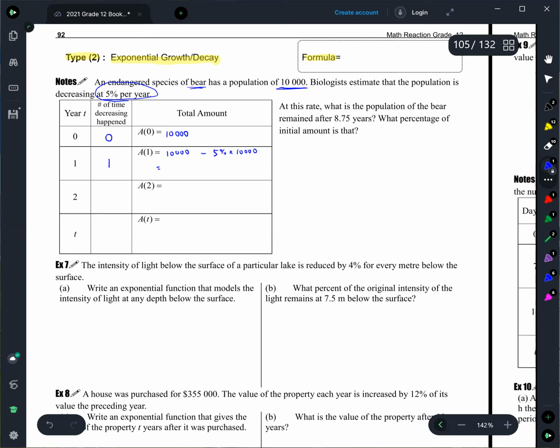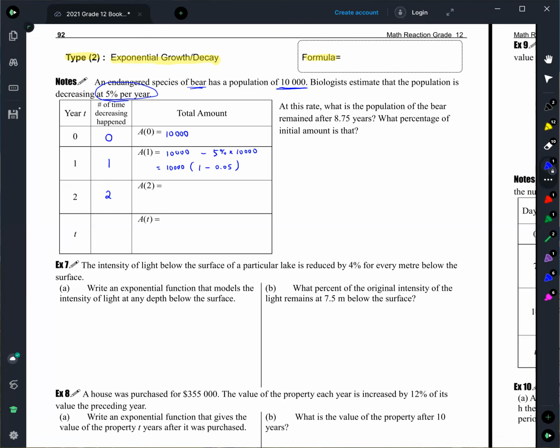Now, if we factor out the 10,000, it'll be 10,000 times 1 minus 5%, so 0.05. So that's the amount after 1 year. So if we do the same thing, kind of like compound interest, okay? So amount after 2 years, you do the same thing as before.